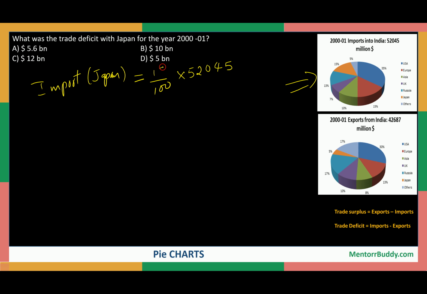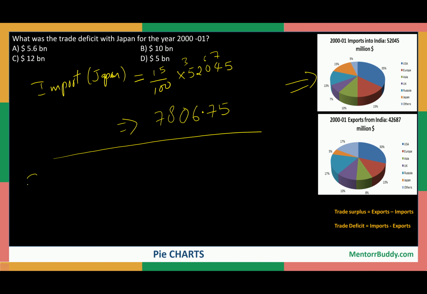So what we'll do: 15 into 5 is 75, carry 7, 15 into 4 is 60, and 7, it will become 67, right? 6 is there, 15 into 0 is 0 and 6 is there, right? 15 into 2 is 30 and we'll keep 3 as the carry. 15 into 5 is 75 and 3 is 78, and it is divided by 100, so we'll place a decimal point here. So it became 7806.75, right?